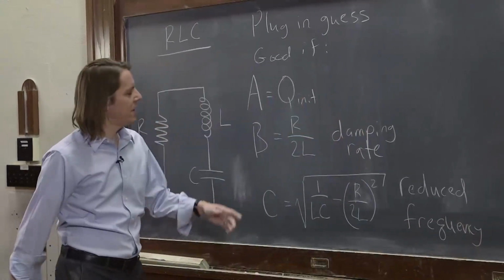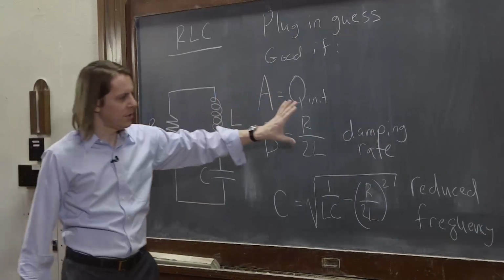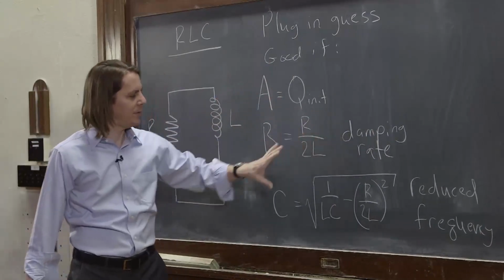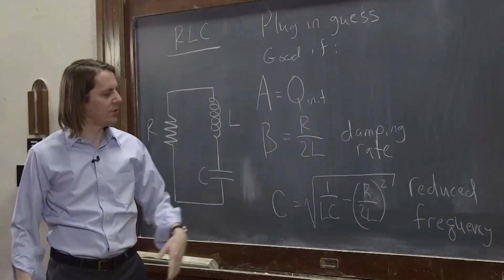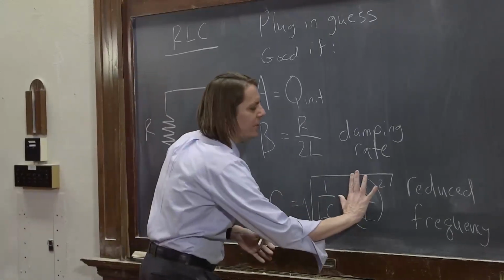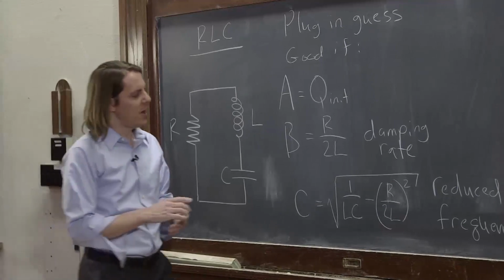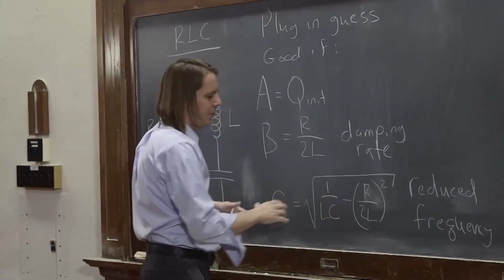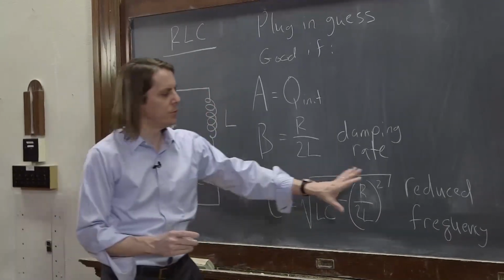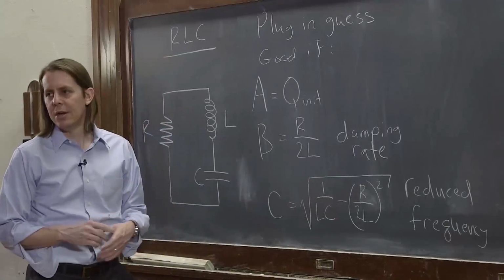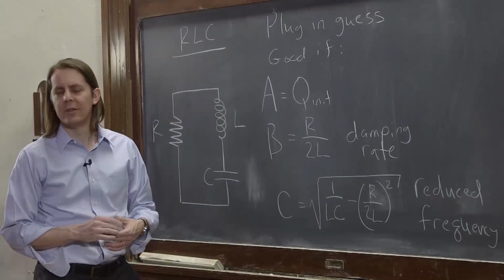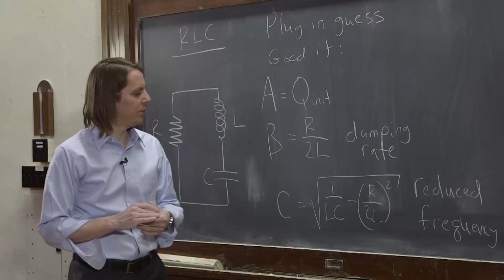What that's telling you is you'll have some initial charge, the motion will be damped, and it will be an oscillation. This is the frequency of the oscillation. Remember, the square root of 1 over LC was the frequency of just a pure LC circuit. When you add resistance in, what it does is it oscillates at a lower frequency. It's the reduced frequency. Sometimes it's called omega D for damped frequency instead of omega naught for just the square root of 1 over LC.